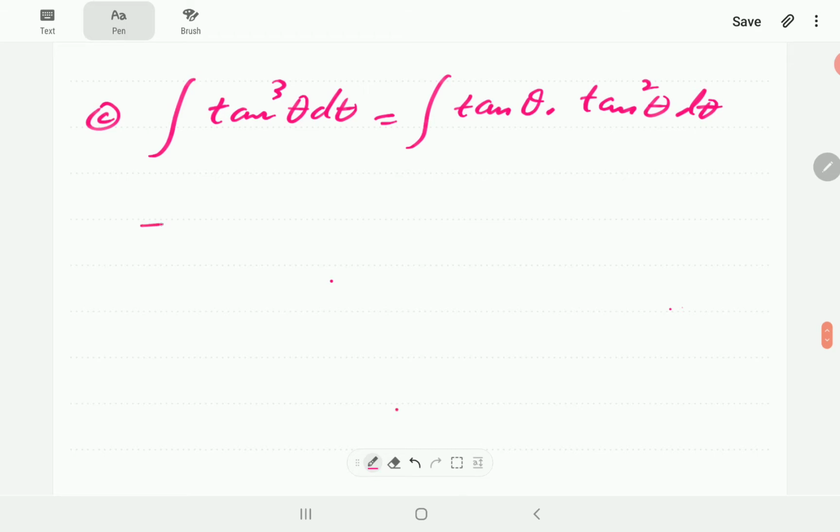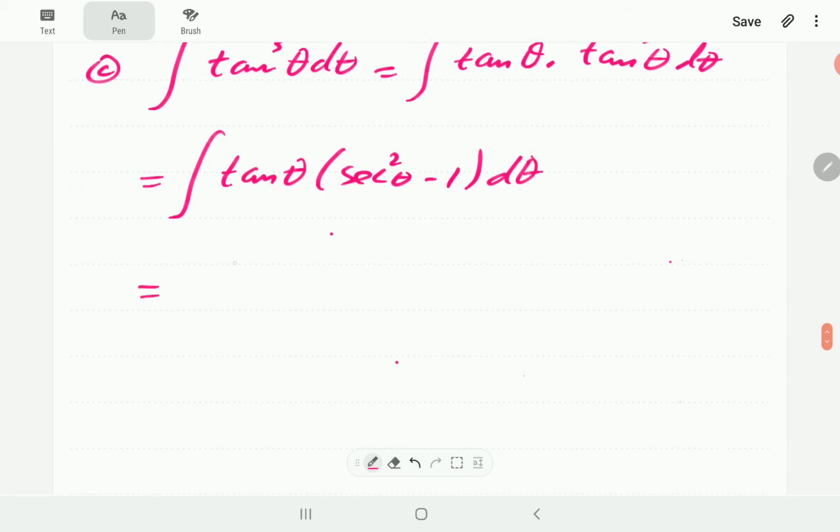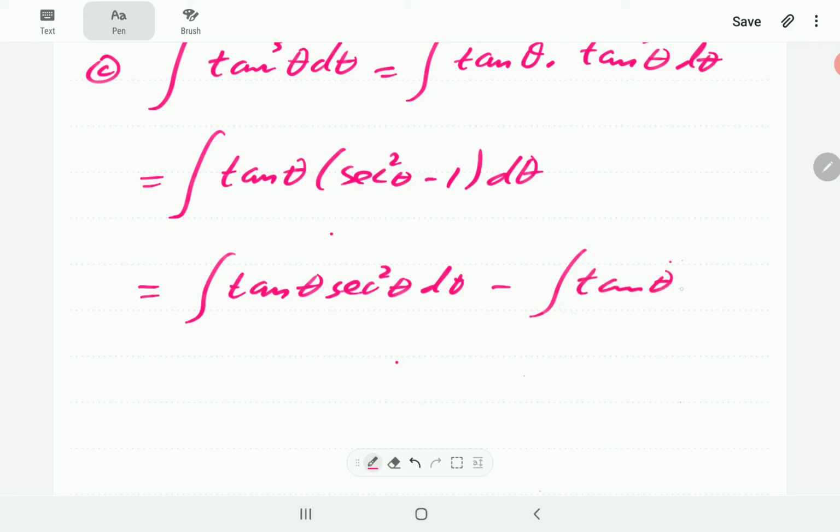Then tangent squared theta we're going to write using secant, so secant squared theta minus 1. Then we're going to write this as two integrals. So the integral of tangent theta times secant squared theta d theta minus the integral of tangent theta d theta.